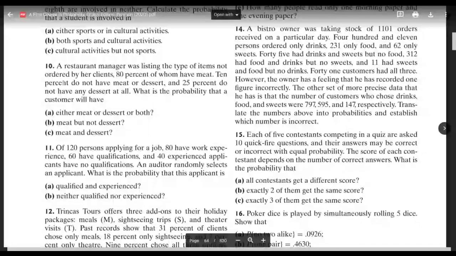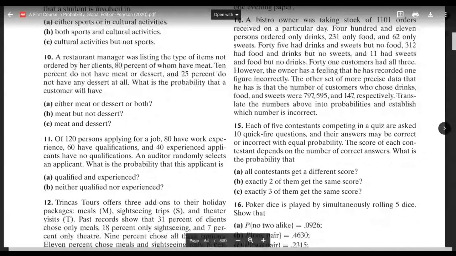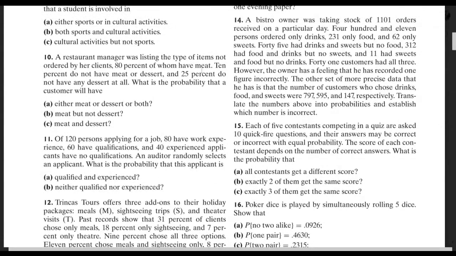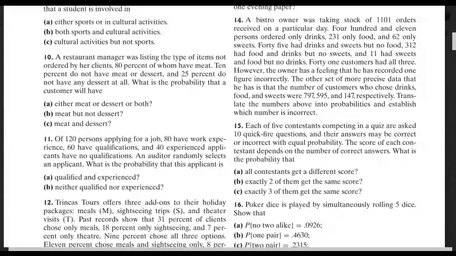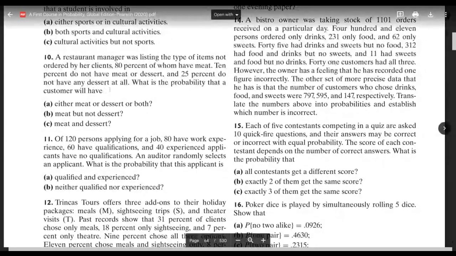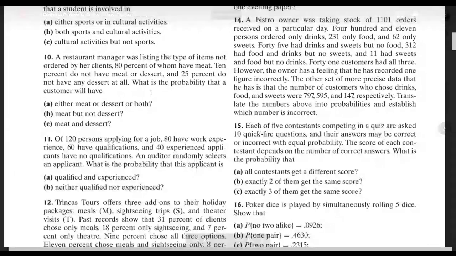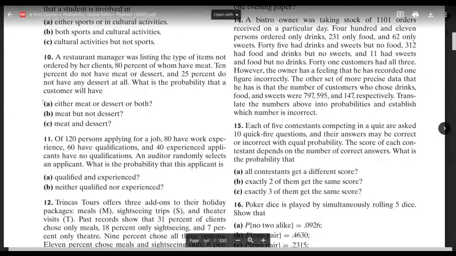So question 10 is this. A restaurant manager was listing the type of items not ordered by her clients, 80% of whom have meat. 10% do not have meat or dessert, and 25% do not have any dessert at all. What is the probability that a customer will have A, B, C?